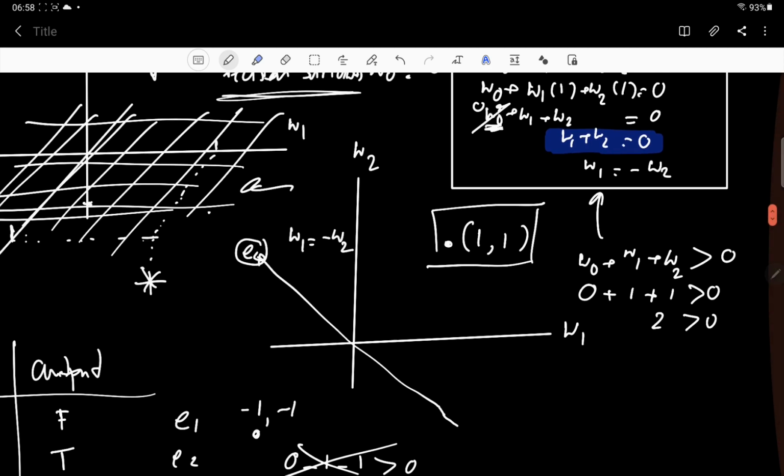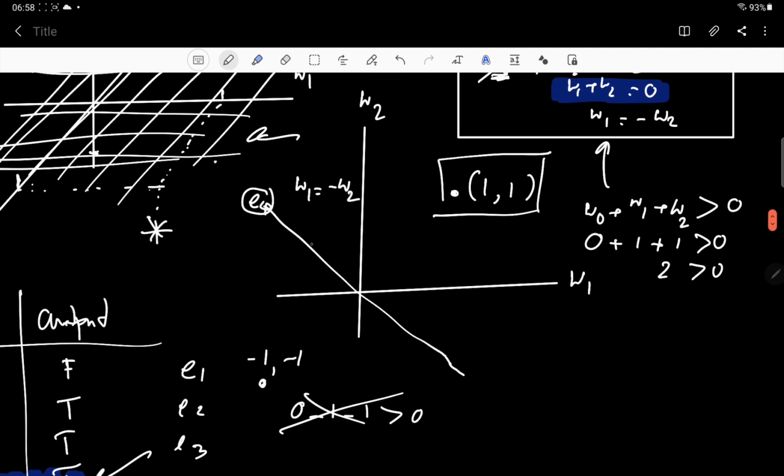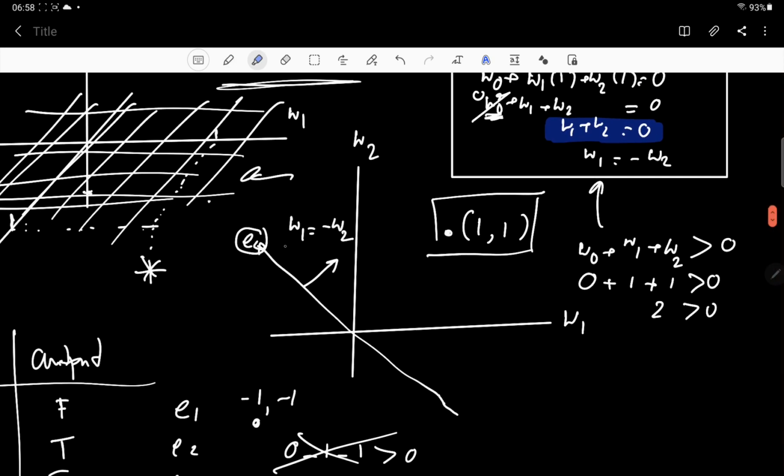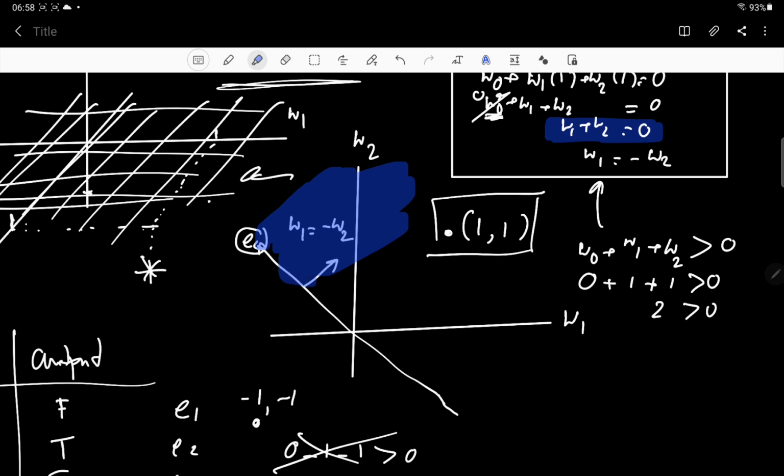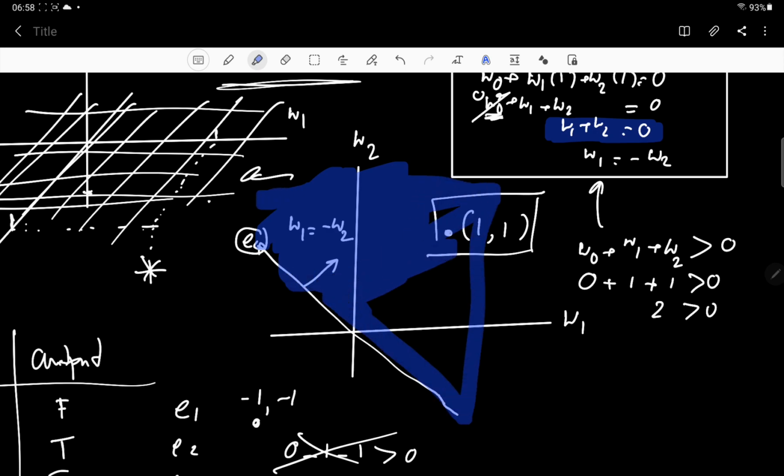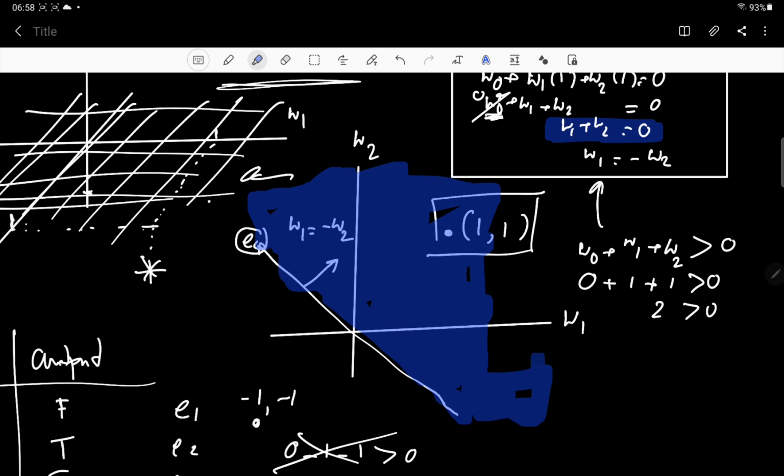So you can imagine that all points on this side cannot classify E4, while all weights here can be used to classify E4. This part.